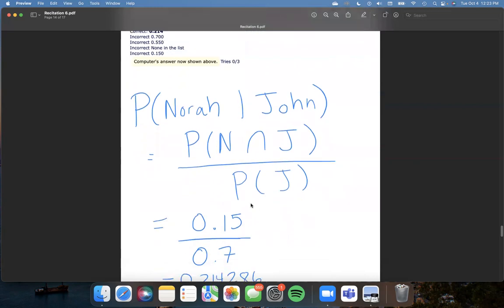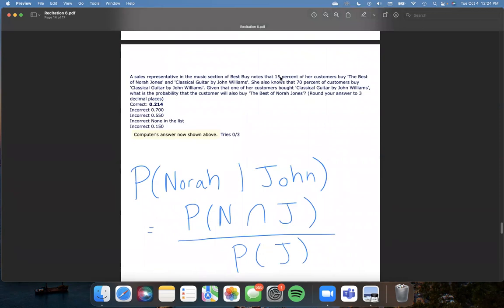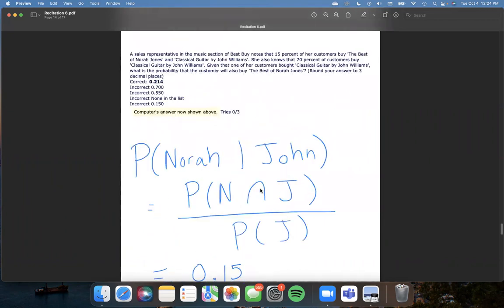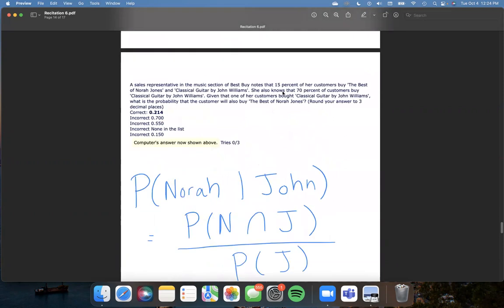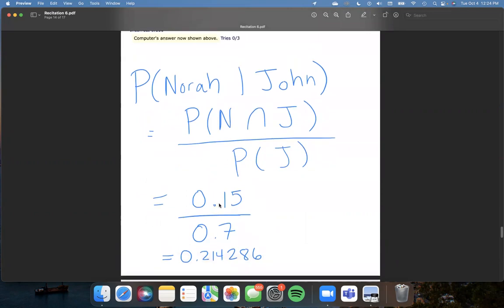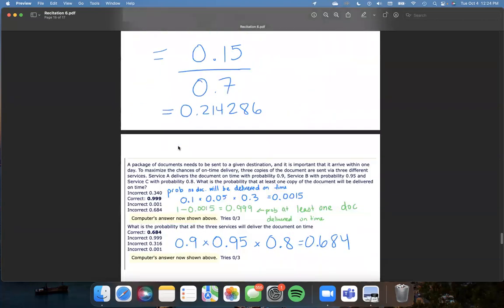So the probability of the intersection is 0.15 because 15% of our customers buy the Nora Jones and the John Williams. And then we're going to divide that by the probability of J, which is 0.7, because 70% of customers buy the album by John Williams. So when we compute this, we get 0.214, which is what we needed.